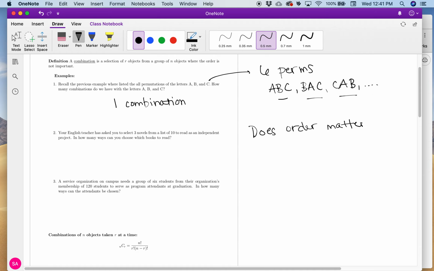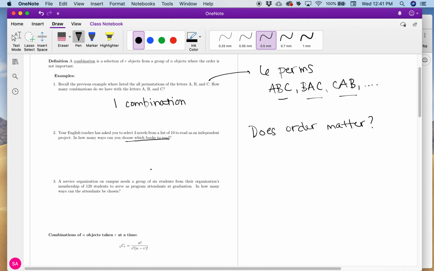If you think about it, you could read those books in a certain order, but that's not what they're asking. They're not asking about the order in which you read the books. In how many ways can you choose which books to read? It doesn't matter which book you pick first, second, or third.